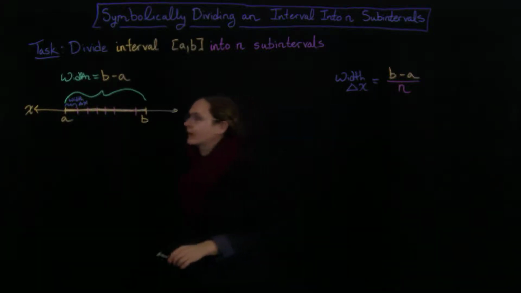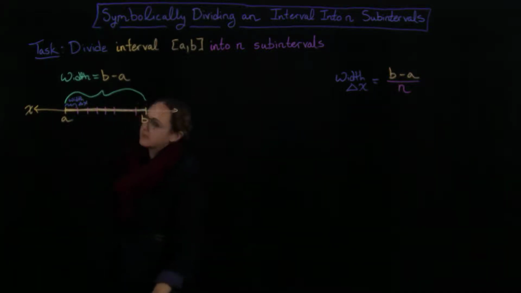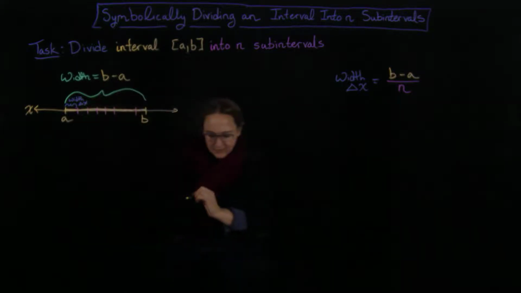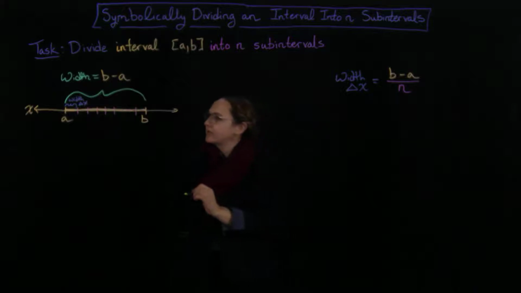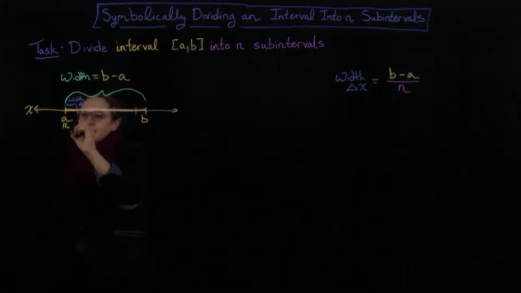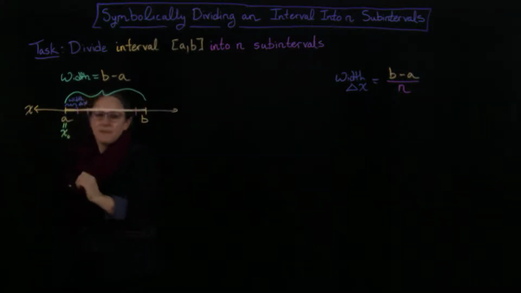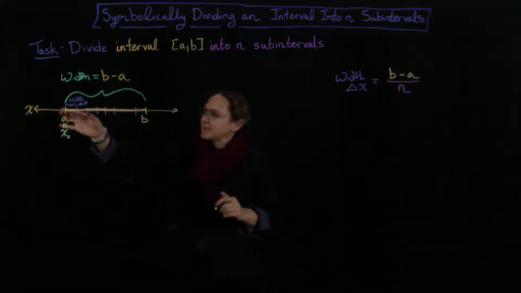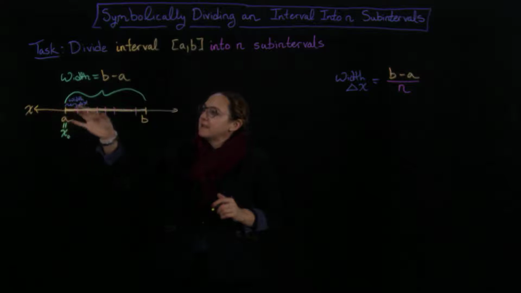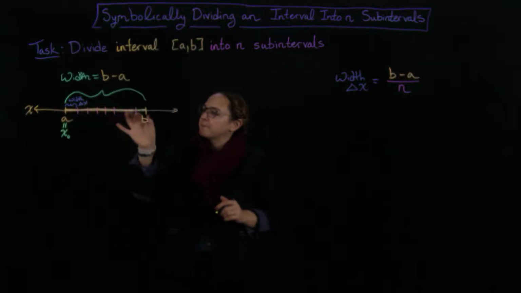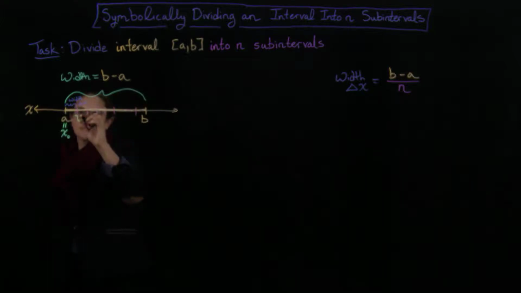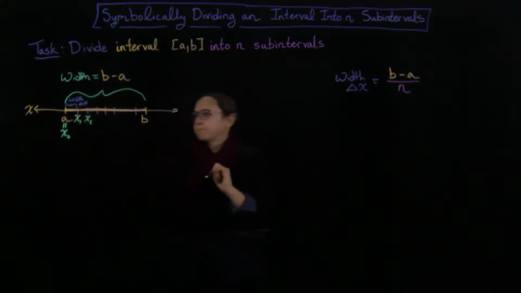Now, notationally, the way that we usually do this is we call this x0. If I have n of these subintervals, let's think about this for a moment. Then this here I'm going to call x1, I call this x2, and I keep going.